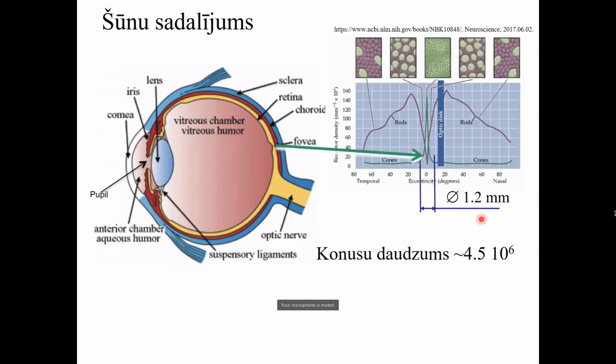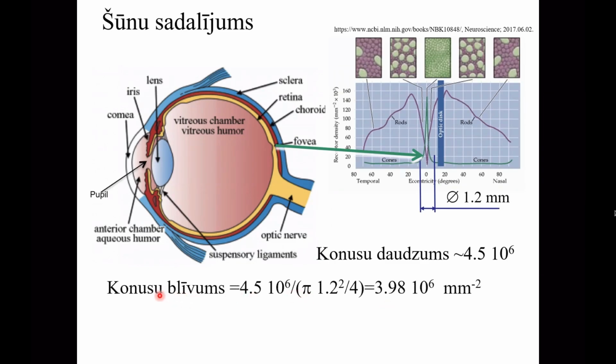So that is why, if we know the amount of the cone cells, roughly 5 millions, we can calculate how many cells per 1 millimeter of this area, not per diameter, but per area. And after that, recalculate what is the distance in between the cones. Have a look. The density of the cone cells is 5 million divided by the area, pi d square, I'm sorry, pi d square over 4.